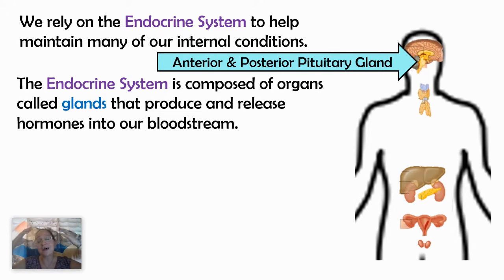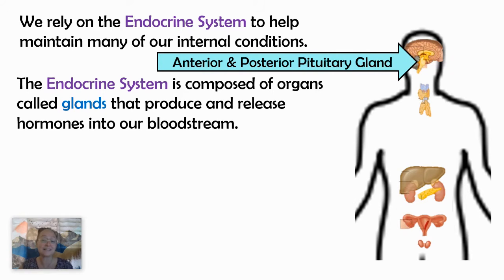The brain's hypothalamus will actually receive input about conditions, both internal and external, and then communicate with the anterior pituitary to then send messages to the rest of the endocrine system to help us maintain those constant conditions. Now, this is also tied with the circulatory system because these hormones are going to travel throughout our bloodstream.